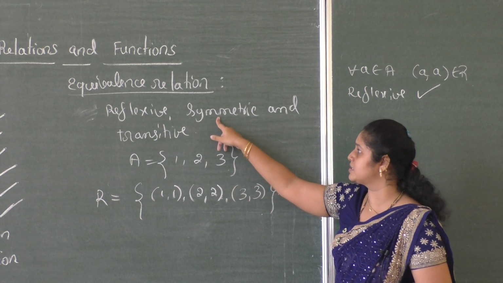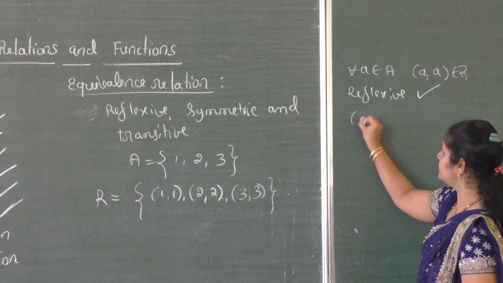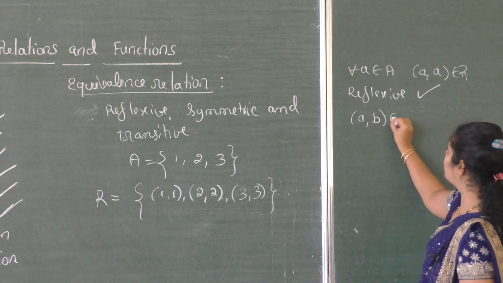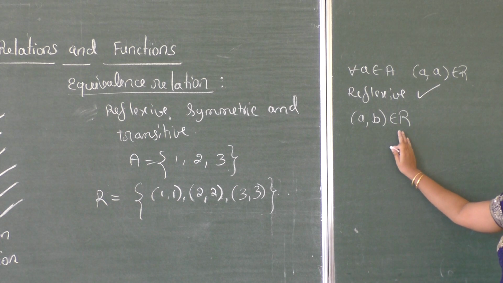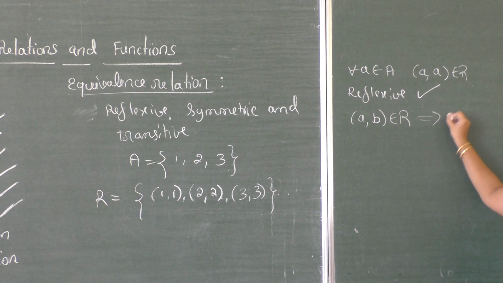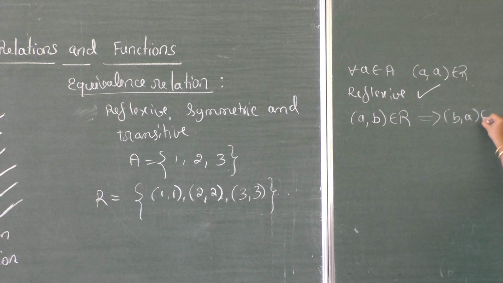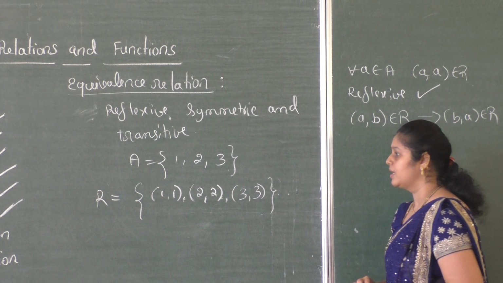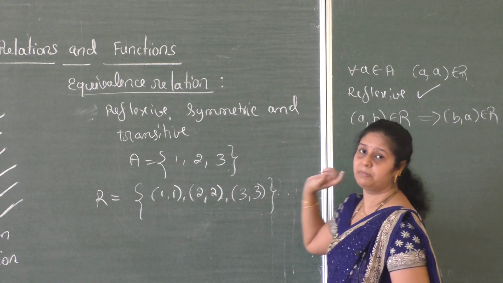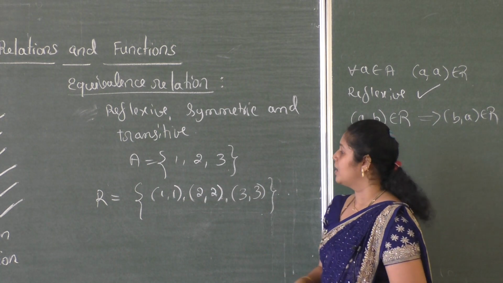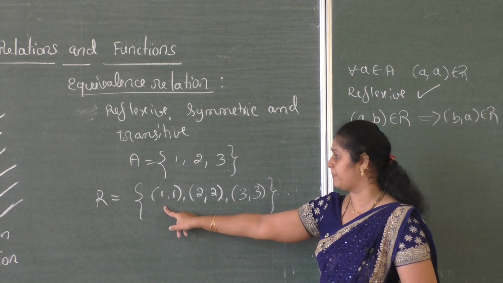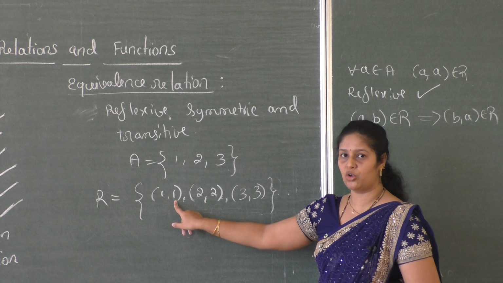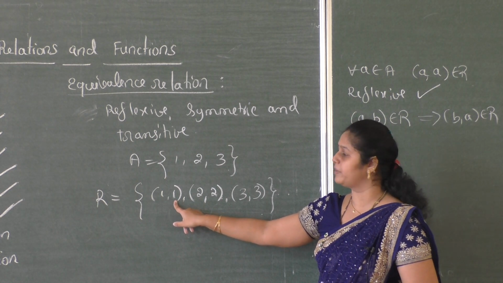Now whether this relation is symmetric relation. Symmetric relation means, if (a, b) belongs to R, implies (b, a) should be there in the relation R. So (a, b) is there, then (b, a) must be there. If I take the first ordered pair (1,1), what about (b, a)?